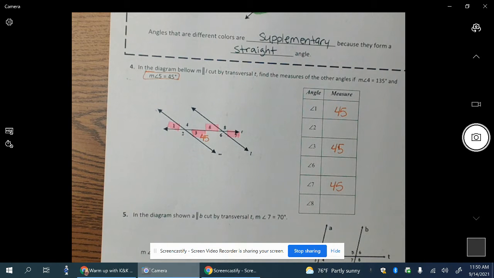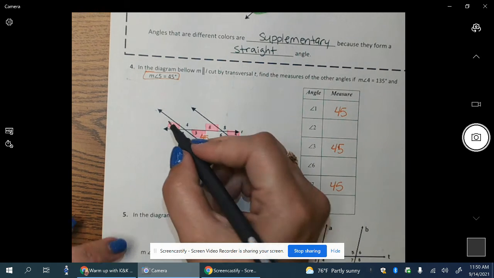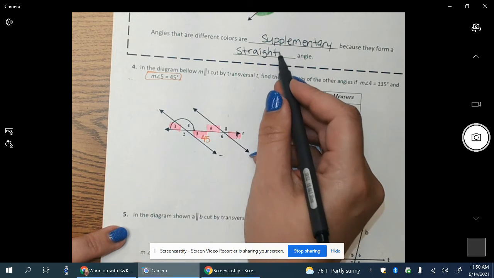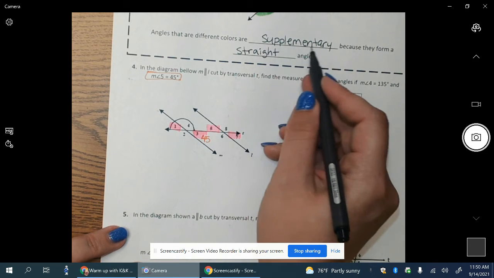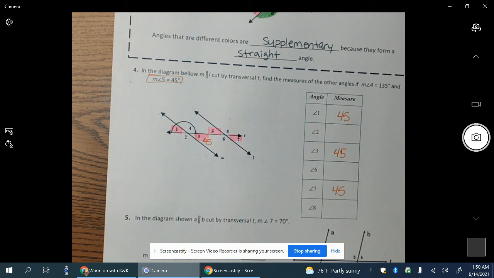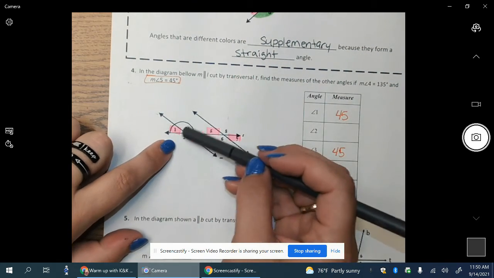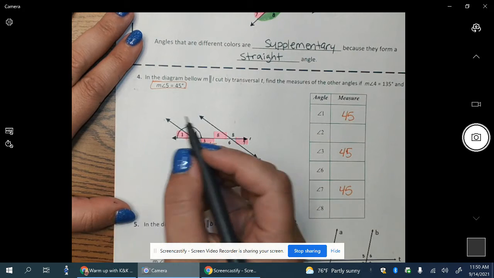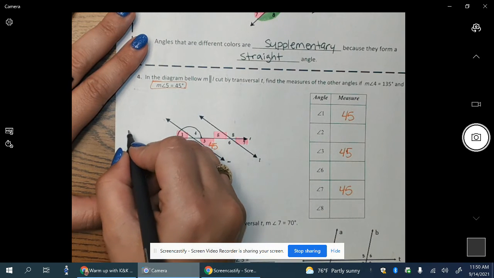Okay? So now I need to figure out the other numbers. Well, I've only been given 45, but I know that the other angles are what? Supplementary. Remember, angles are either congruent or supplementary, and that's it. So if they're not congruent, that means they are supplementary, which means they do what? Add to 180.